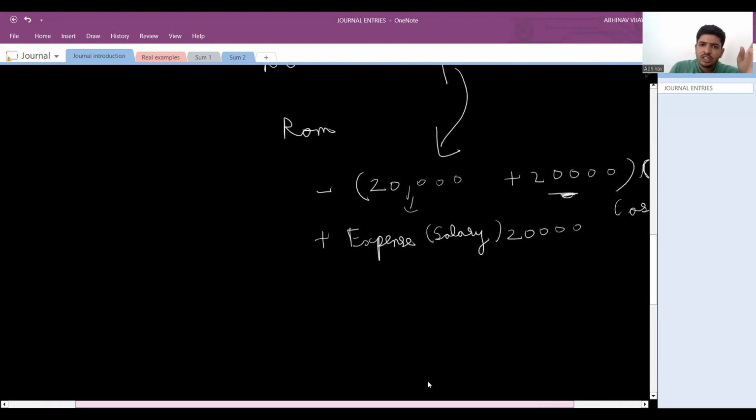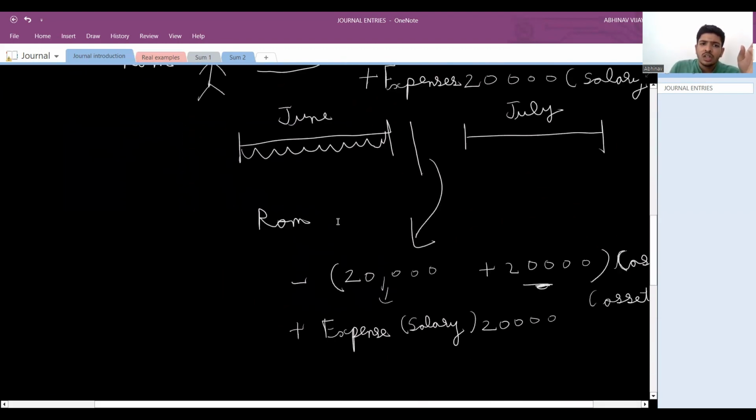So, in this case, Ram's services for the month of June, only the benefit of Ram's services has been taken in June. Only 20,000 benefit has been taken in June. This 20,000 is the value of the service that will be provided by Ram in the month of July. So the benefit of this 20,000 is not taken in June. It's not already taken. So what is this 20,000?